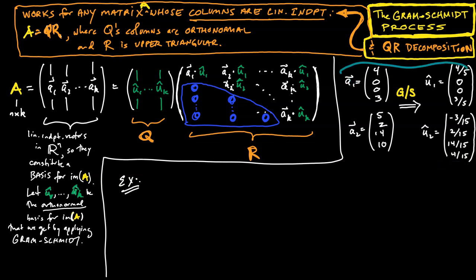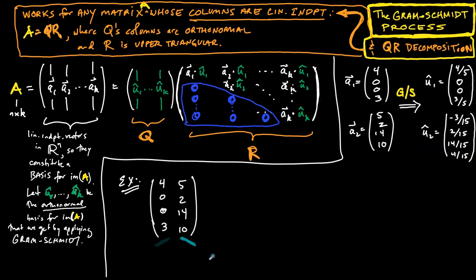Well, to connect that Gram-Schmidt process to a QR decomposition, we could take our initial two vectors, A1 and A2, and make them the columns of a 4x2 matrix, whose columns, of course, are linearly independent. Any such matrix can be QR decomposed, and the result will be very easy to write down based on what we did before. We know that the Q matrix, the one with orthonormal columns, is going to be a matrix of the same dimensions as the one we started with, and its columns will be the two columns that were produced by this Gram-Schmidt process.